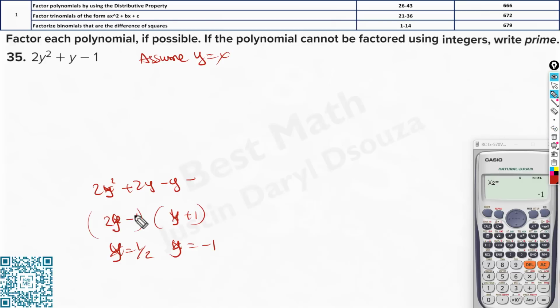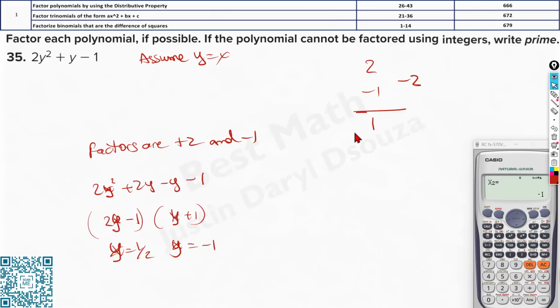Why? Because negative 1 times positive 1 is minus 1. The factors over here would be plus 2 and minus 1. So here we have 2 times minus 1 is minus 2, and over here we have 1. Multiply 2 times minus 1, it's minus 2. Add them up, you will have 1.